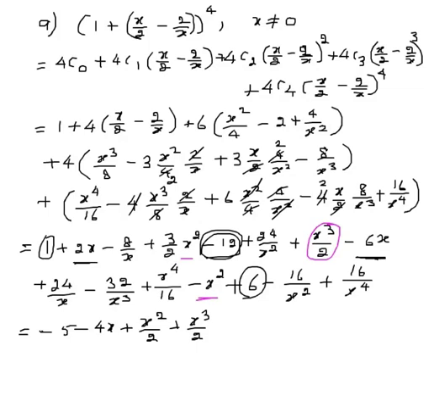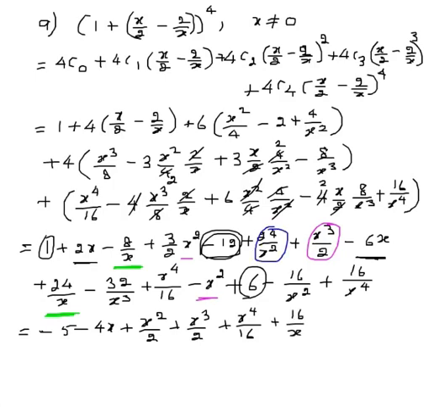And then x power 4 term, we have only one x power 4 term, x power 4 by 16, and then 1 by x term. Here we have minus 8 by x and plus 24 divided by x, which will be 16 divided by x.